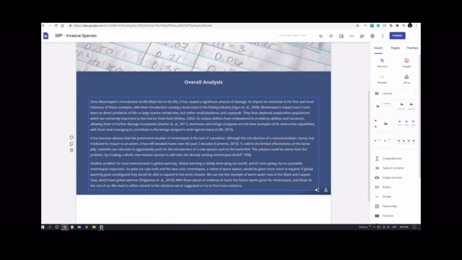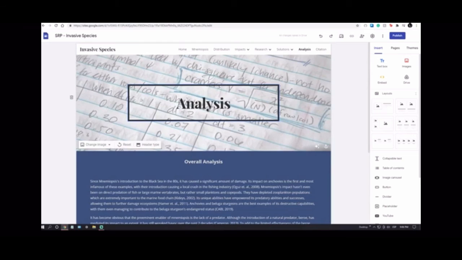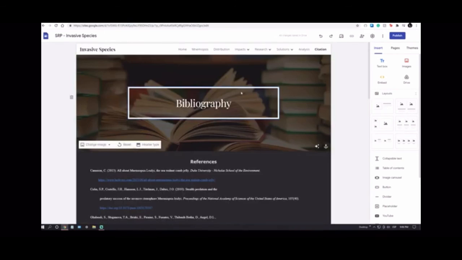So global warming isn't really a thing we can solve overnight, and not a really easy thing to solve. So, combined with skepticism with introducing a natural predator plus this existential crisis, it's a pretty bleak future in regards to whether we can control Mnemiopsis and their expansion.